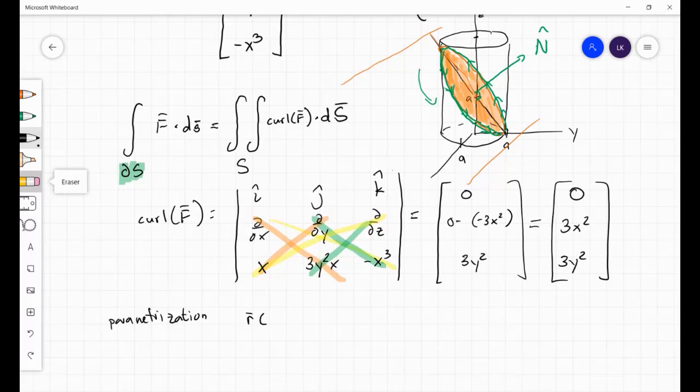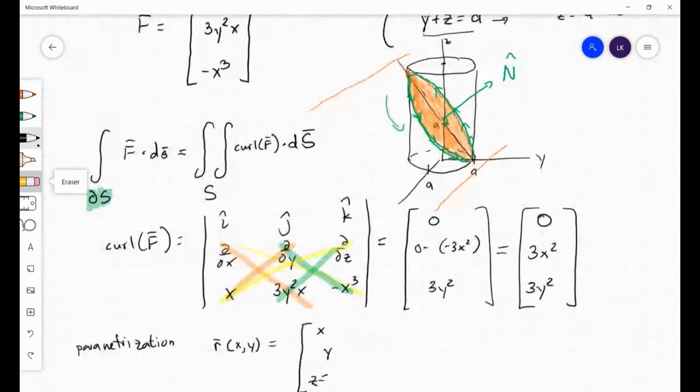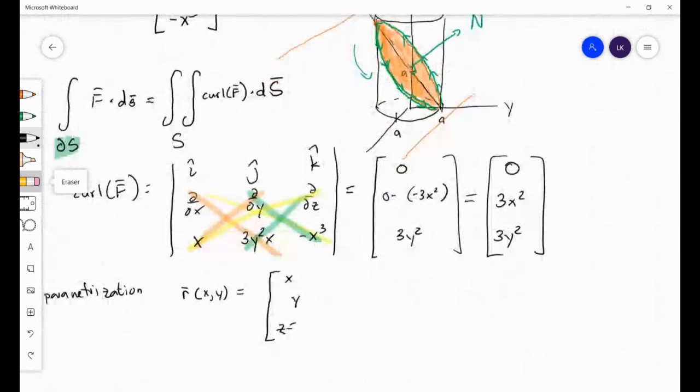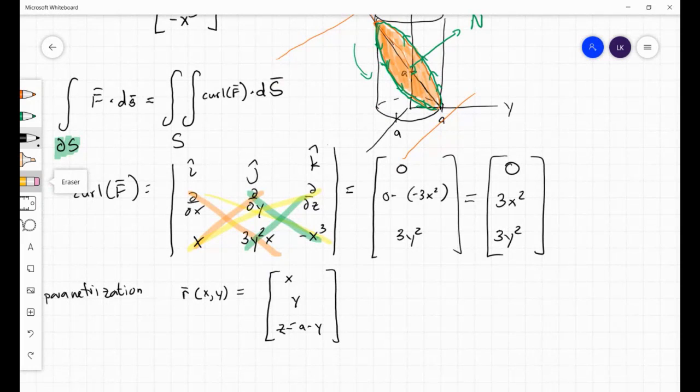So make the parameterization a function of x and y, where x is anything, y is anything, but z has to be a minus y, because we're in the plane. And of course, our parameter space would be that x and y have to be on that disk of radius a.